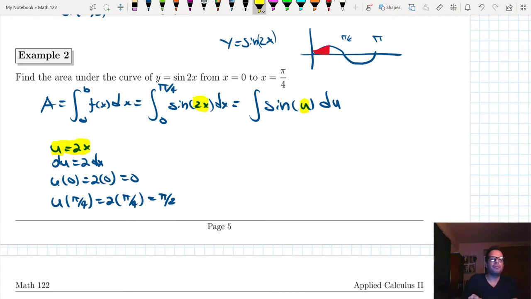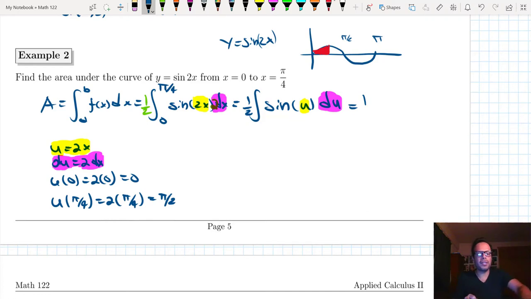And by the way, it looks like I needed a constant here to provide. We divide by 2, and du will take the place of 2dx, right? So du equals 2dx, all right?